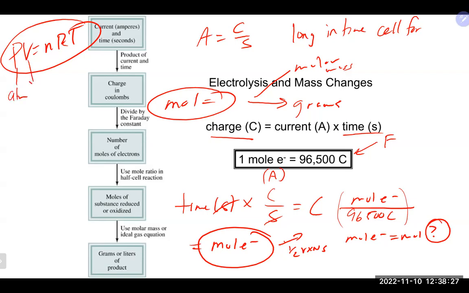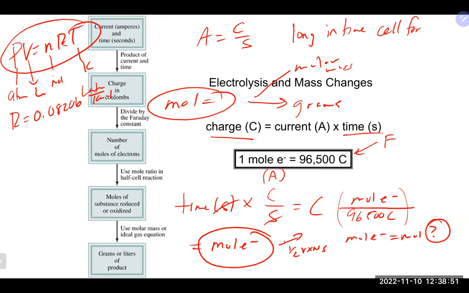ATM, right? Volume should be in liters. Moles should be moles. Temperature should be Kelvin. And the gas constant here is the 0.08206 version, or 0.0821 if you like that number better. So sometimes you may have to put the moles into the ideal gas law and solve for volume to figure out how much volume of a gas you would collect.